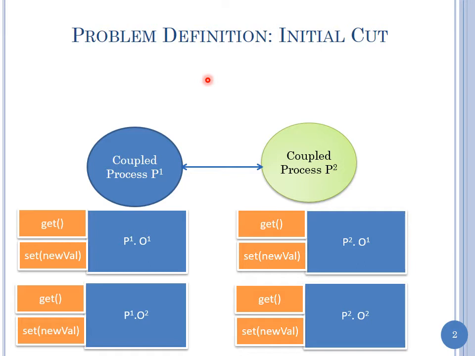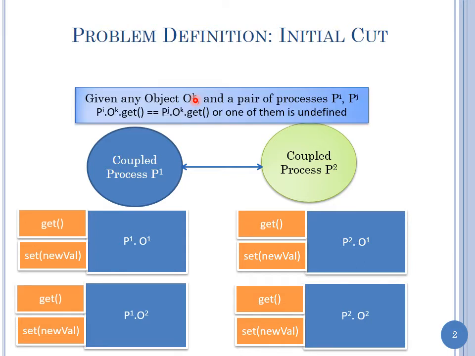So that's the context, that we have some replicated state and we want some guarantees about the values that are in different processes.